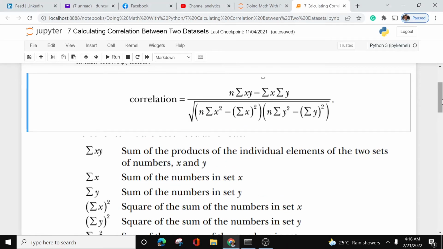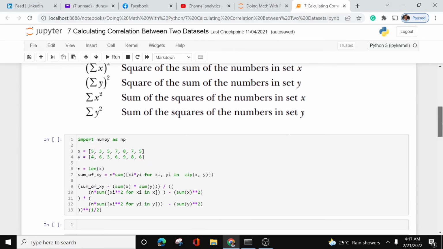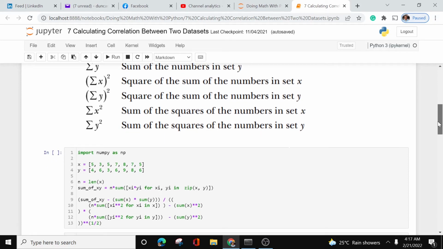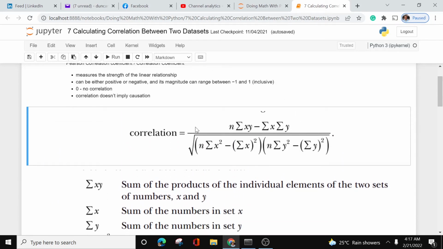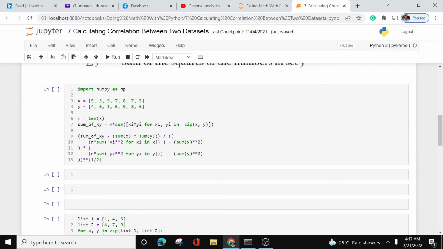Now, how are we going to do this in Python? What we do here is define the mathematical translation of each element of this formula: for this, for this, for this, and then for this. First, we import numpy as np, and for example, we have these values for x and for y. We get first the length of x, and then we get the sum of xy.